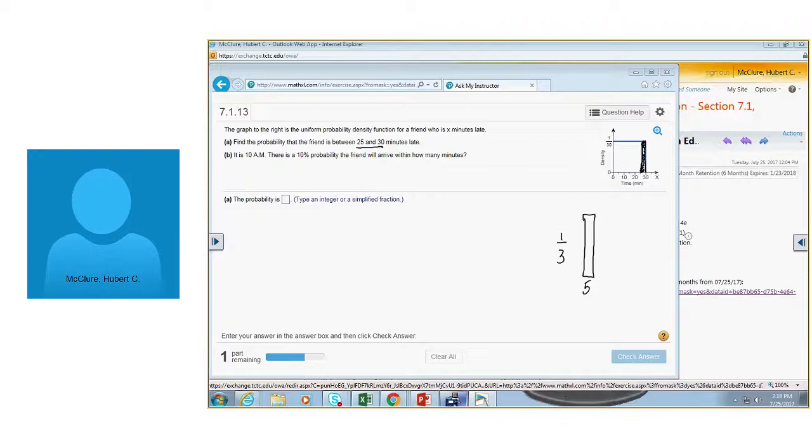Height. And you see that the height is 1/30. So 5 over 1 times 1/30 is equal to 5 over 30, which is equal to 1/6, which is equal to 0.14.